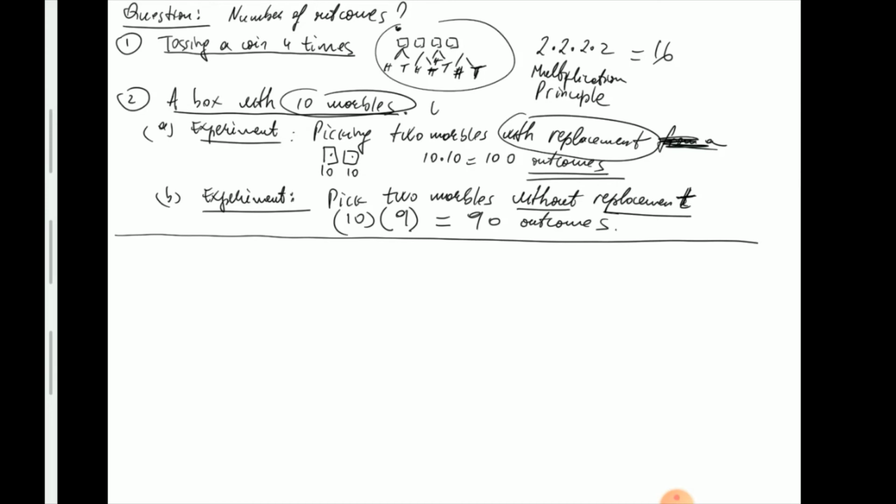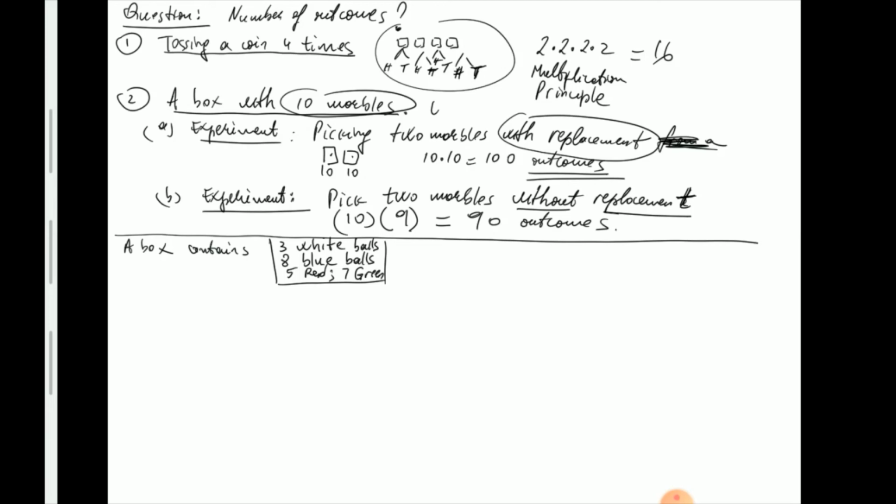Suppose that we have a box that contains, I'm going to illustrate that box here, 3 white balls, 8 blue balls, 5 red, and then 7 green balls.